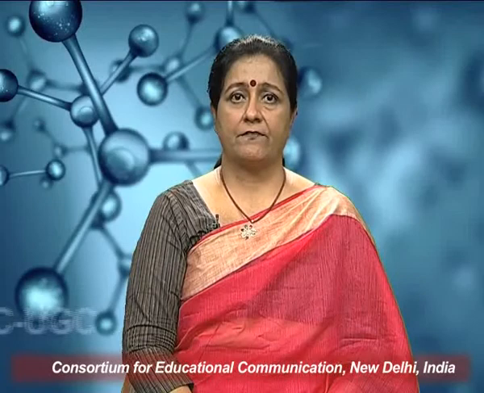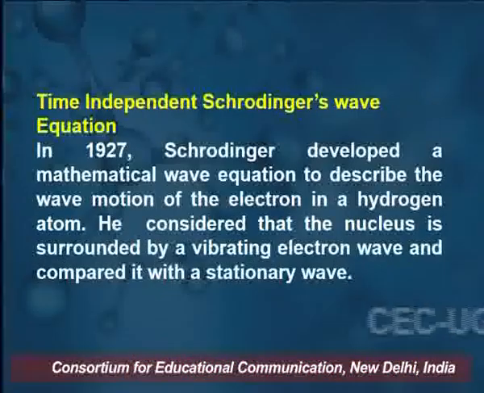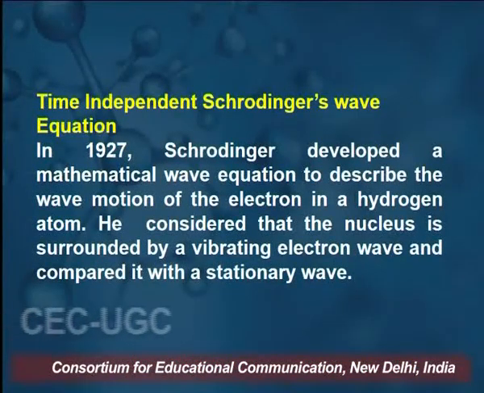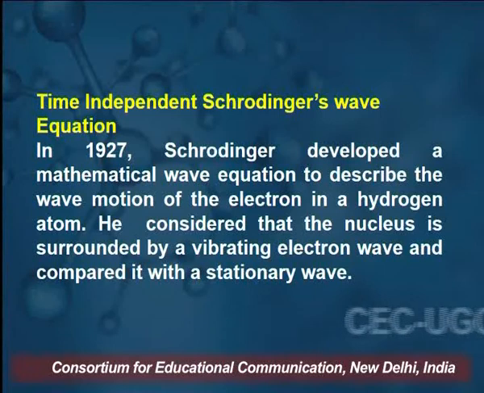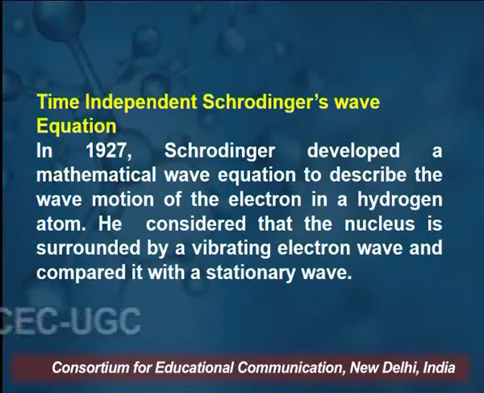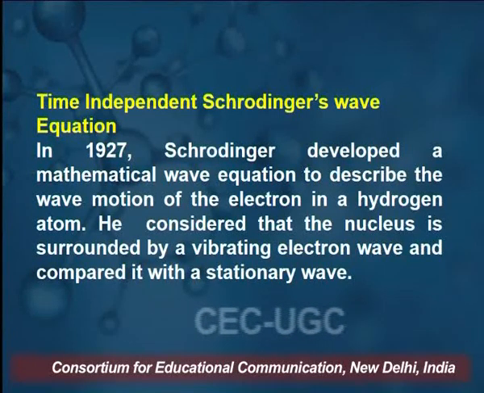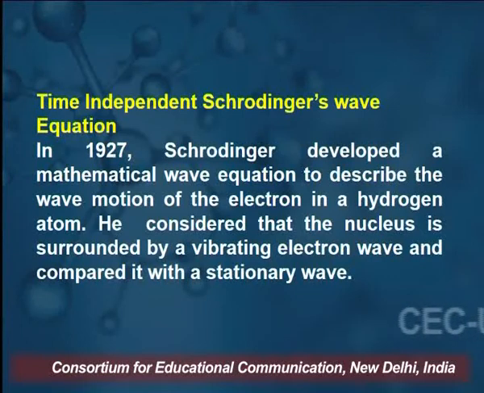In 1927, Schrödinger developed a mathematical wave equation to describe the wave motion of the electron in a hydrogen atom. He considered that the nucleus is surrounded by a vibrating electron wave and compared it with a stationary wave.